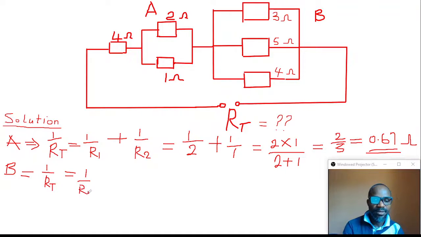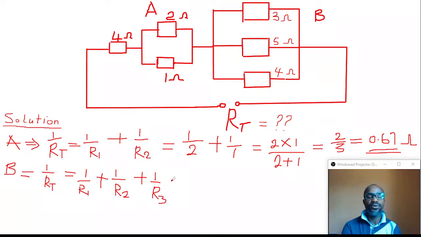Then we move on again, I have plus 1 all over R2, I am solving this in real time, R2 representing resistor 2. Then plus 1 all over R3, because we have 3 resistors in that section, R3 representing resistor 3.